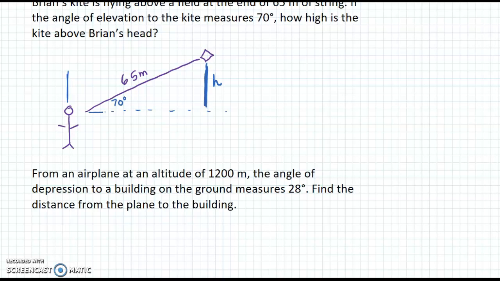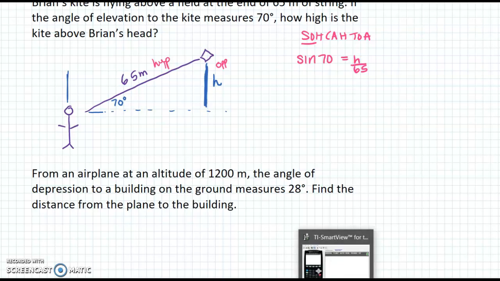So now we have to decide if we have a sine, cosine, or tangent problem. Let's see, I have the opposite, and I have the hypotenuse, and my acronym SOHCAHTOA. I have the sine, so I'm going to say the sine of 70 is h over 65.